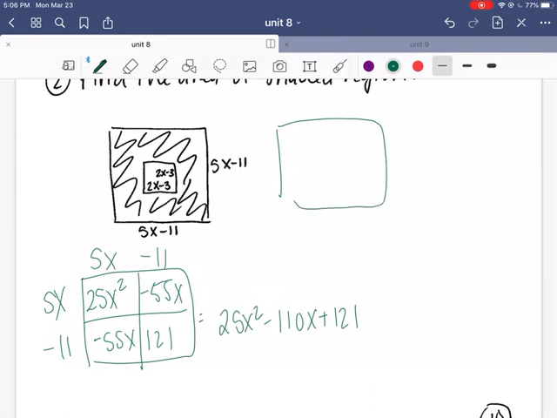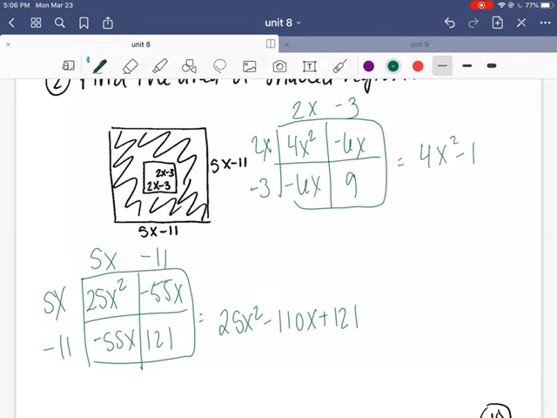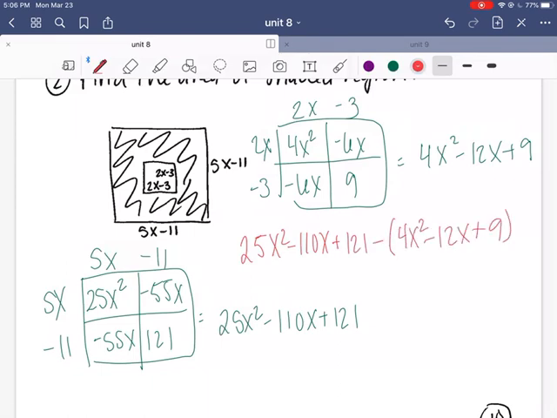We're going to box the small region as well. And then we got to subtract very carefully. Don't forget to keep, change.